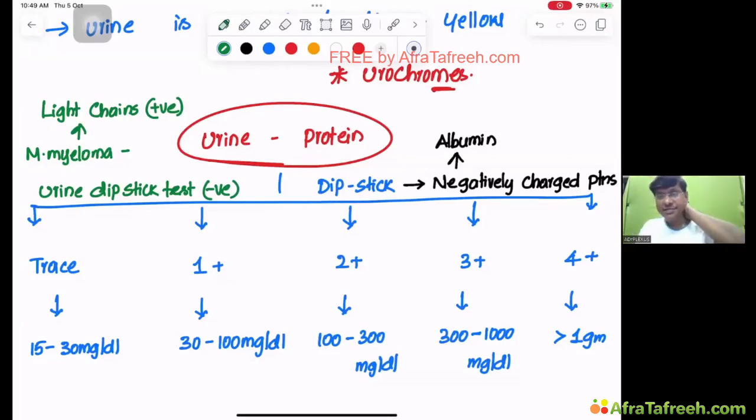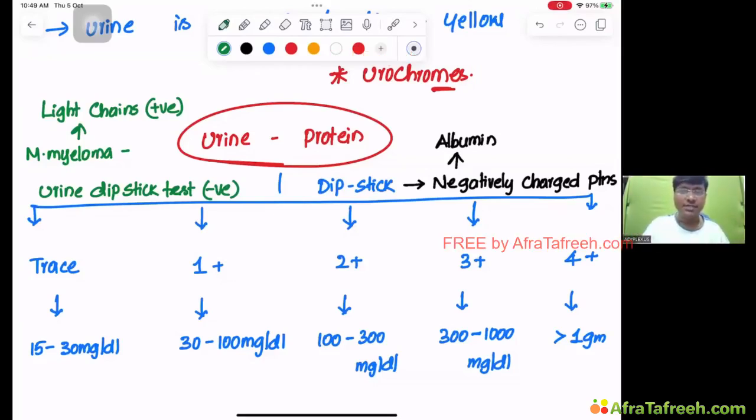Patients with severely increased albuminuria are at increased risk of cardiovascular mortality. The conditions are diabetes, hypertension, glomerulonephritis, multiple myeloma, congestive heart failure, fever, exercise, and orthostatic proteinuria.